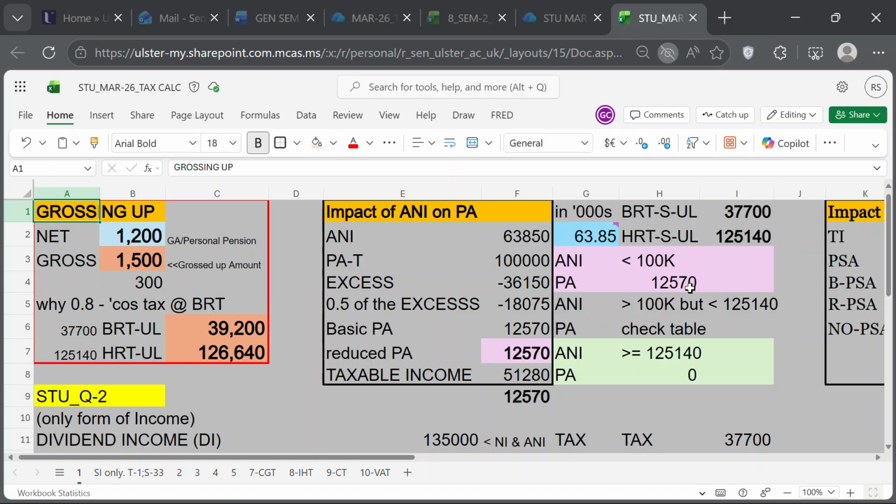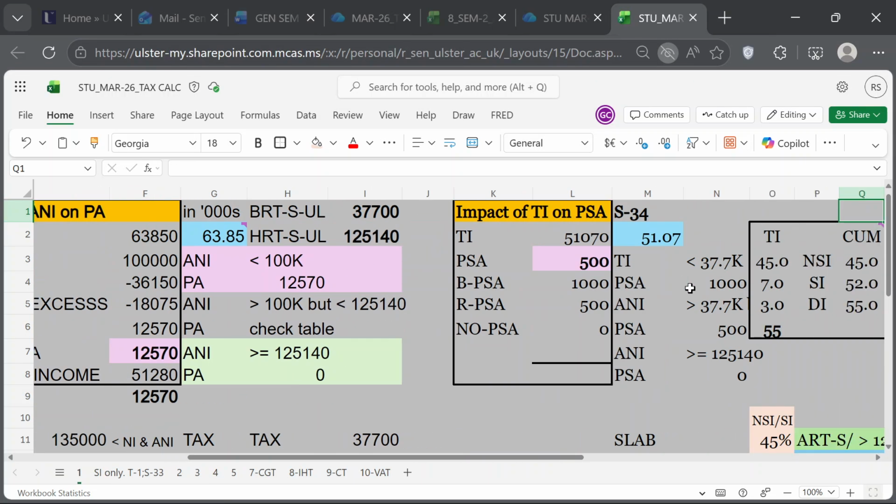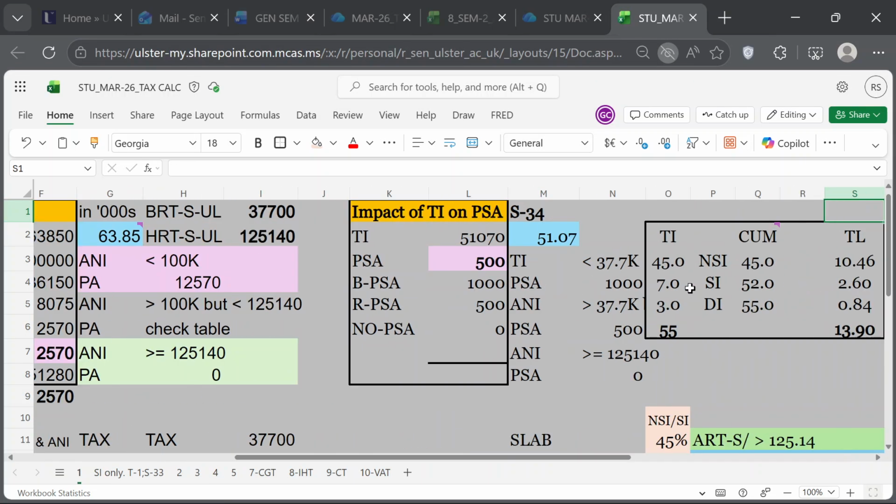Why am I discussing this? Taxable income is relevant in at least two cases, including finding out how much PSA is available to me. It's not based on A&I like the PA.